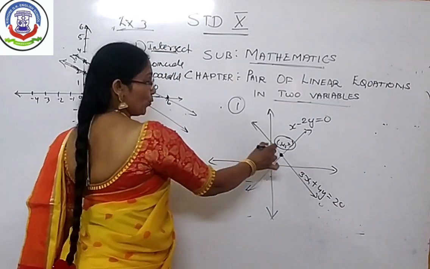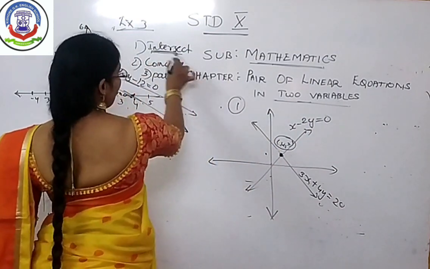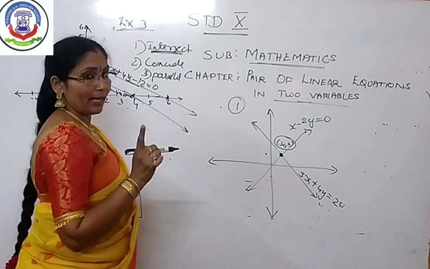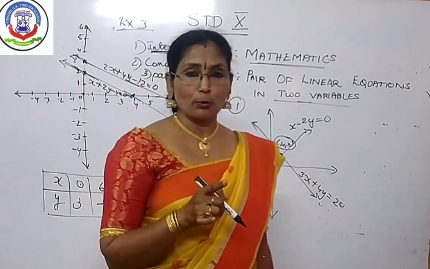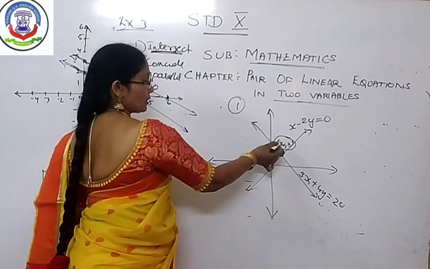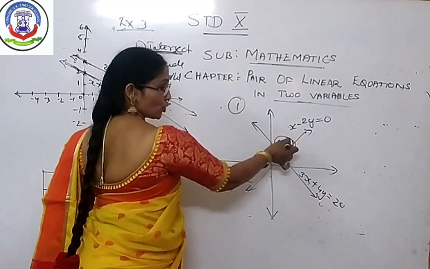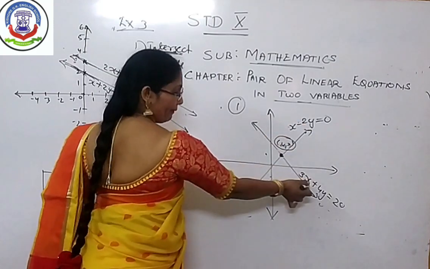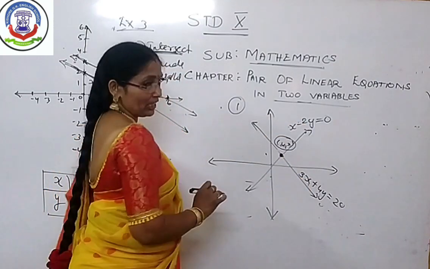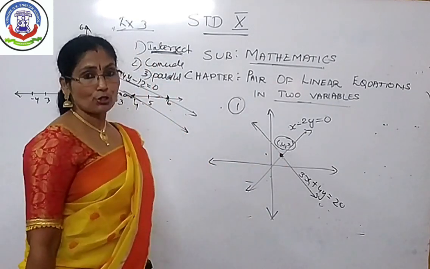That means this is a unique solution for both. So I told you that when the lines intersect, the pair of linear equations in 2 variables has only one solution. We put x as 4 and y as 2 in this equation and this equation, and both are satisfied. Therefore, 4, 2 is the common solution.